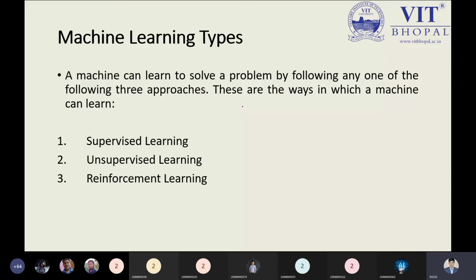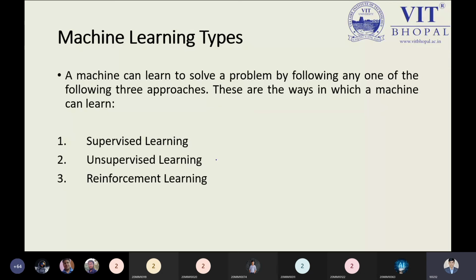After learning the machine learning model, its process, and its need, we have to understand the flavors of machine learning. We have 3 kinds of flavor: one is the supervised learning model, next is the unsupervised learning model, and third is reinforcement learning.